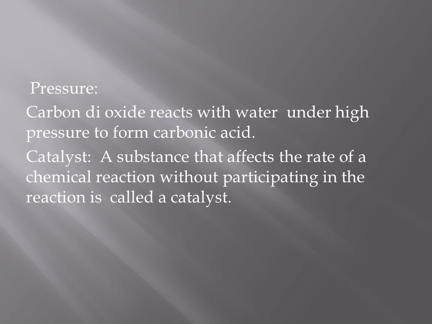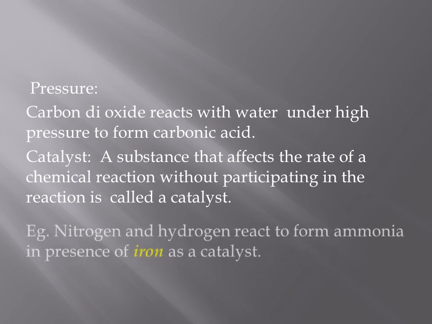There are two types of catalyst, positive catalyst and negative catalyst. Positive catalyst increases the speed of a chemical reaction, whereas negative catalyst decreases the speed of a chemical reaction. For example, nitrogen and hydrogen react to form ammonia in presence of a catalyst. That catalyst is iron.